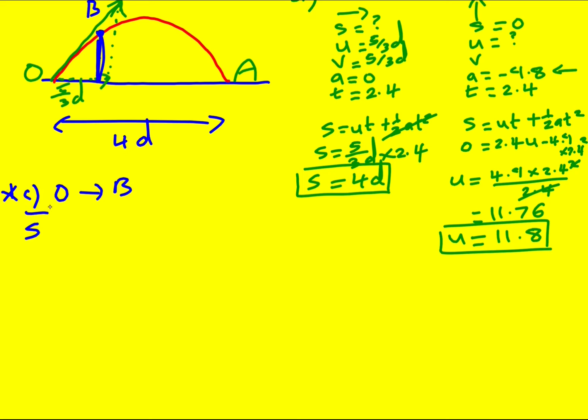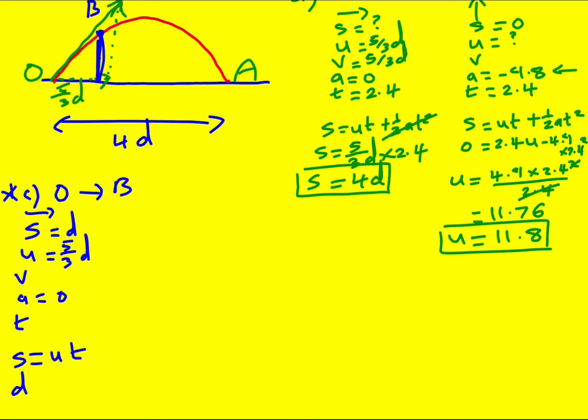So let me first of all look at the horizontal component again. s is going to equal d. Remember, u is 5 over 3d. a is 0 and v is 5 over 3d again. So I'm using a very similar formula. s equals ut plus a half at squared, but a is 0.